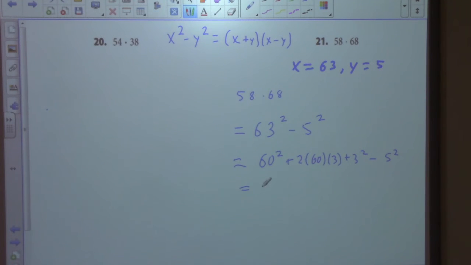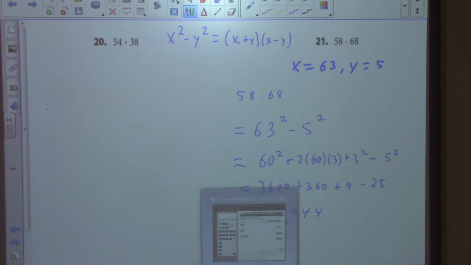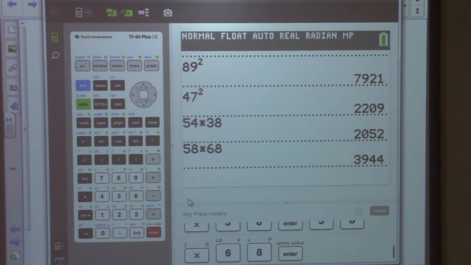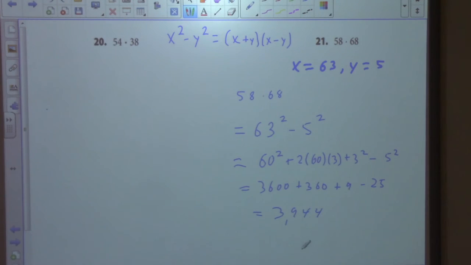So now we work this all out, you get 3,600 plus 360 plus 9 minus 25, equals 3944. Good job, Braden. Yep, exactly right. Okay, good, thank you, Braden.